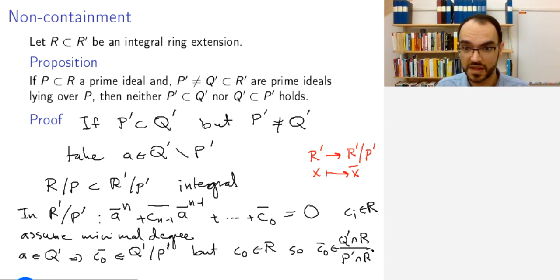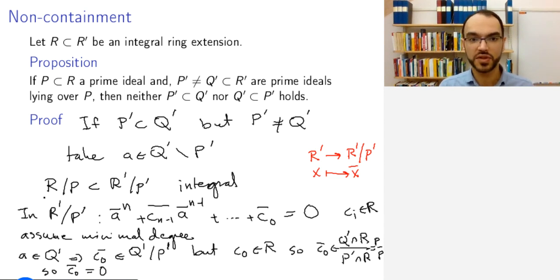But both of these are P. By assumption, both Q prime and P prime lie over P. So this means that C naught bar is equal to 0, because it lies in the preimage of 0. In other words, we have this polynomial that now has no constant term.